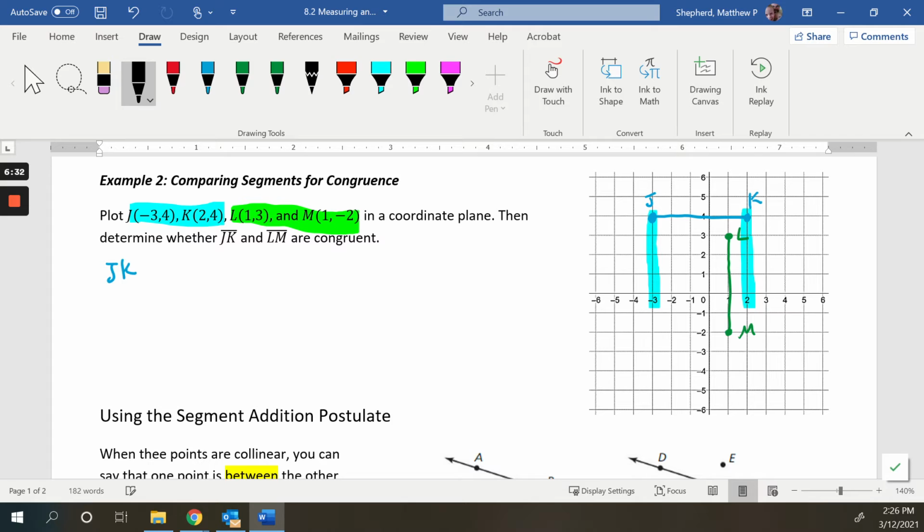So JK is going to be equal to the absolute value of the difference of those coordinate points, which is going to be 5.